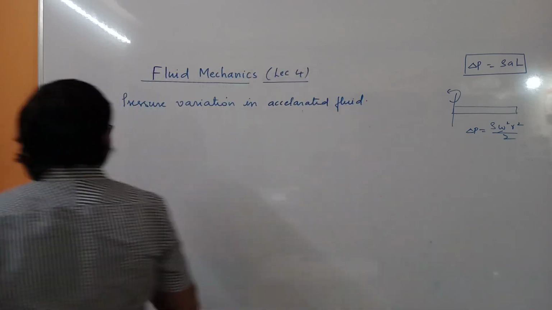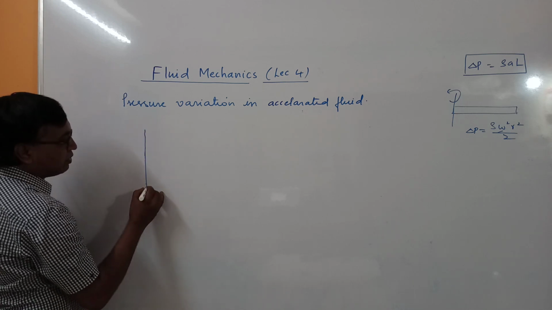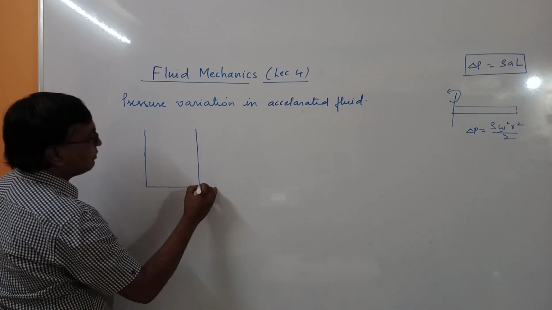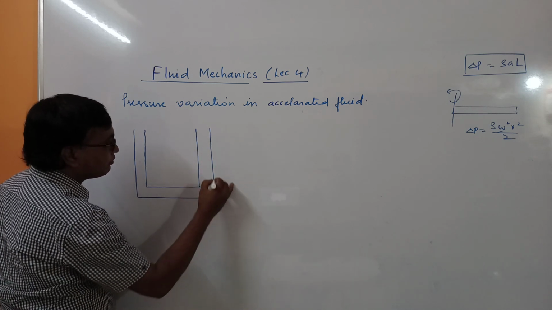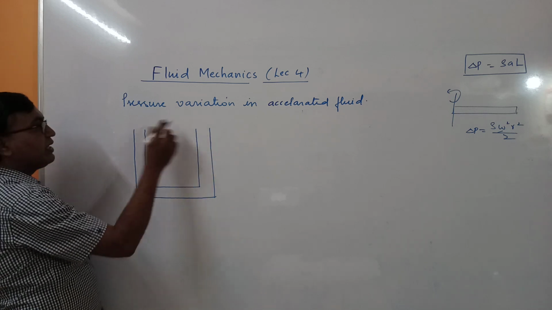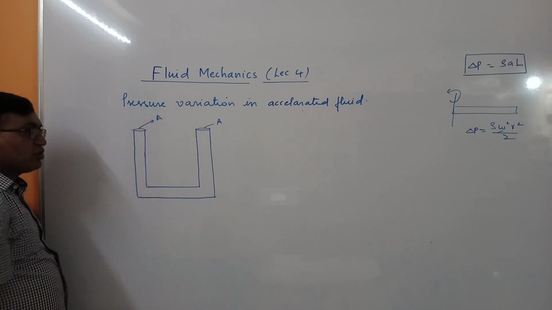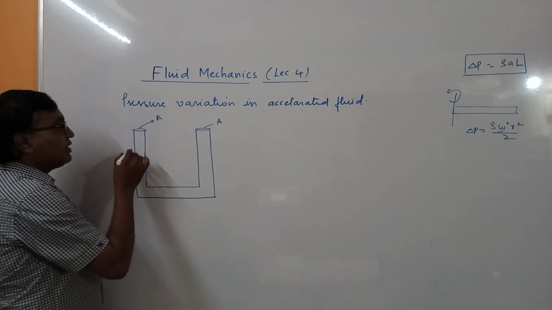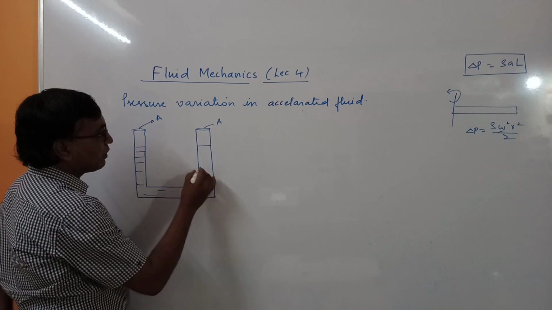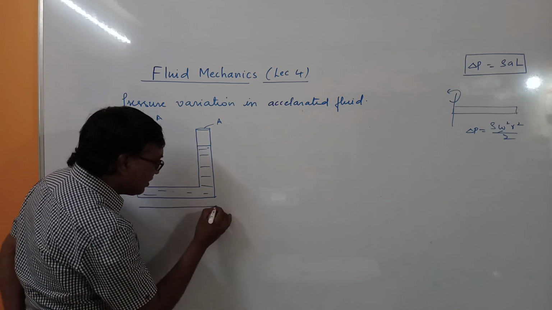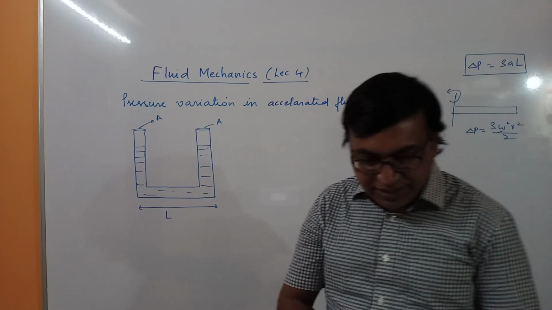So we have a U-tube manometer. The area of cross section on both sides of the tube is the same, so this area of cross section is also A. Now this U-tube is filled with a fluid, and the base length of this U-tube is L. So the level is the same at rest.